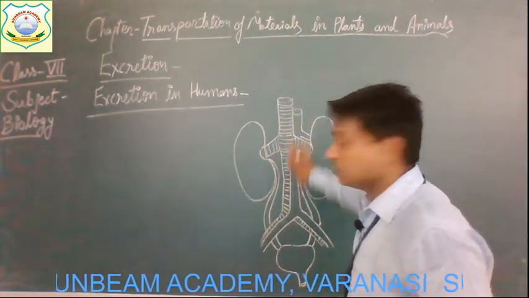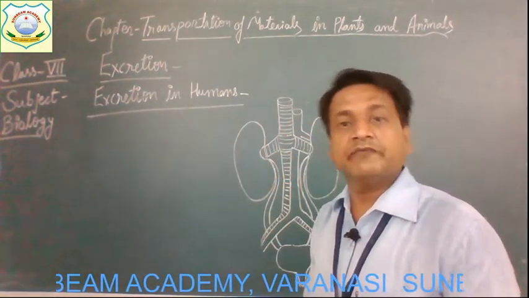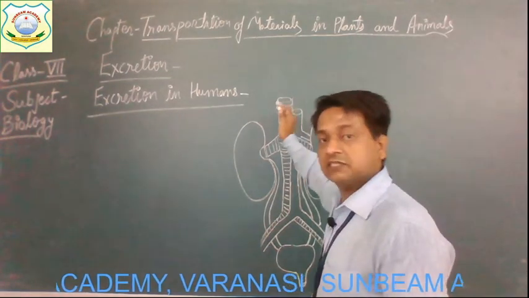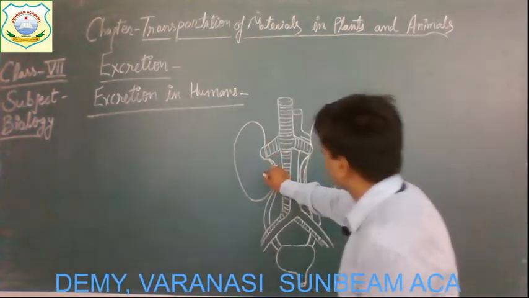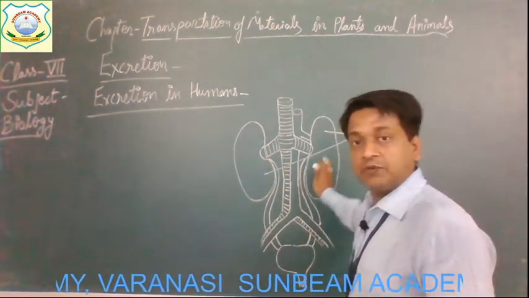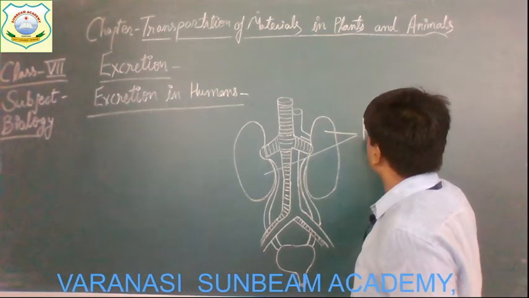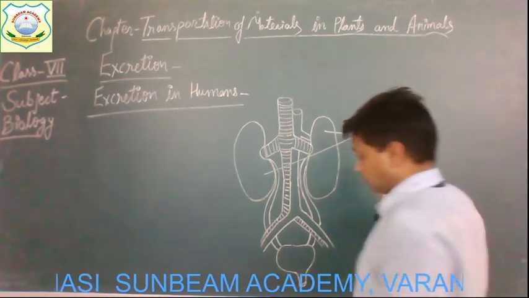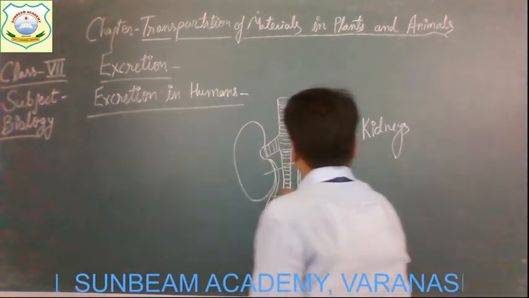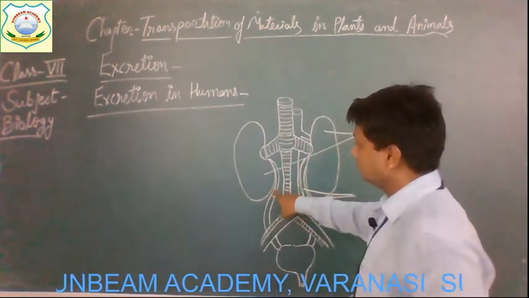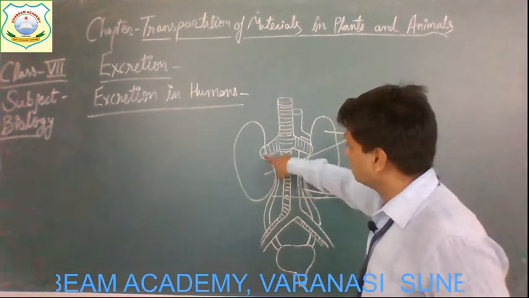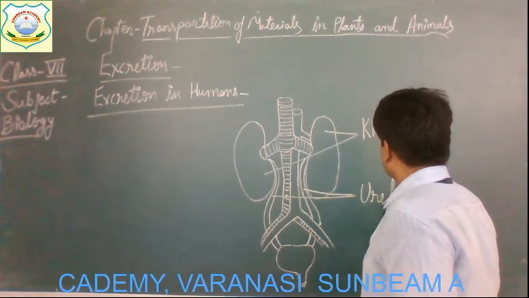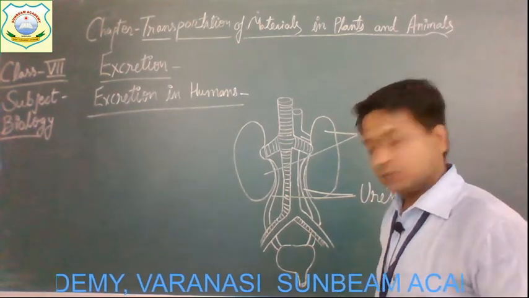So this one is the excretory system of human beings. Okay, children? Now just see the different parts of this system. These two bean-shaped organs are the kidneys. These two tube-like structures that come from each kidney are known as ureters.